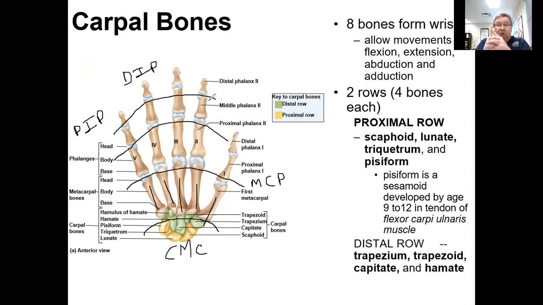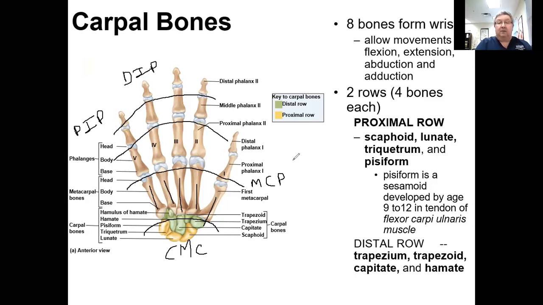This very small motion at the end of my finger. So this is the DIP. This is the PIP. And this is the MCP, where I flex my whole finger. That's what you need to know about the carpals and the metacarpals and the joints themselves.